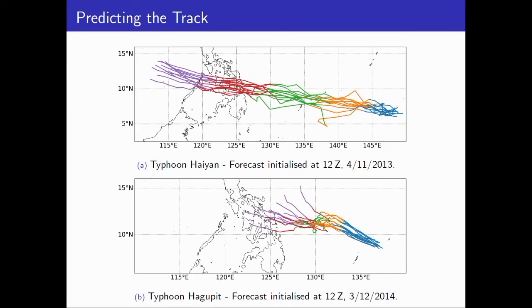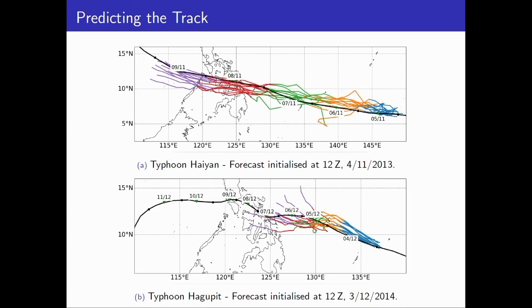If we compare this to Hagupit, a lot of the ensemble members predicted that the storm would recurve to the north, so completely missing the Philippines altogether, whilst other ones went across. So this is what we mean by predictability. Haiyan is quite predictable compared to Hagupit, where there was a lot less confidence in our forecast.